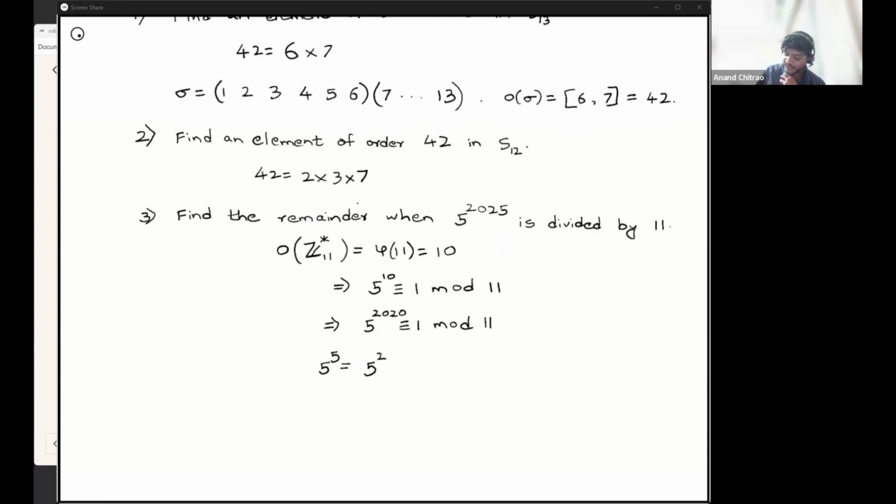Write that as 5 square times 5 cube. So this is 25, which is 3, and this is 125, which is 4. So that's congruent to 12 mod 11, which is 1 mod 11. So the answer is 1.